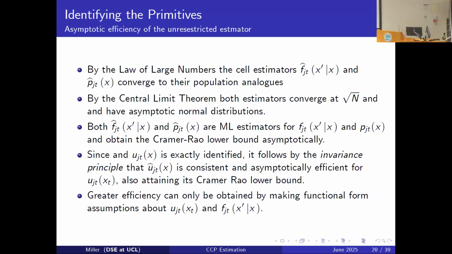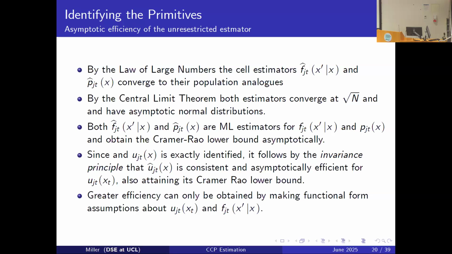I'm not suggesting that's a bad thing. But what I am saying is that the gain that you get in efficiency comes solely from putting assumptions on the utility function that you're using. And so obviously you'd like to be able to justify that if you can. And that's something that we think about when we're doing the applied work, and it's reasonable.